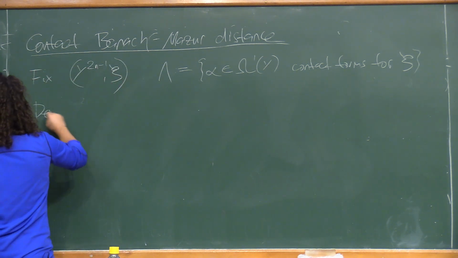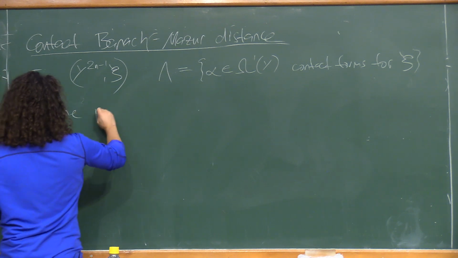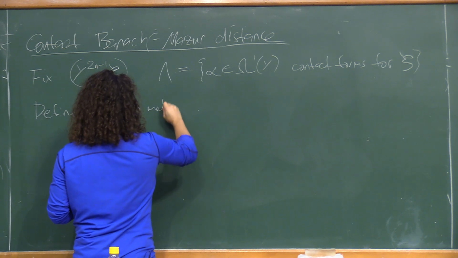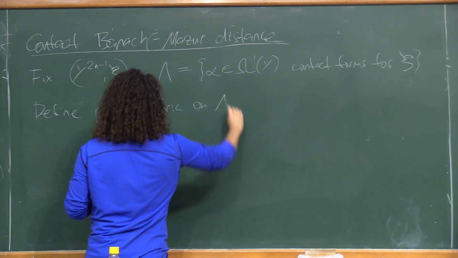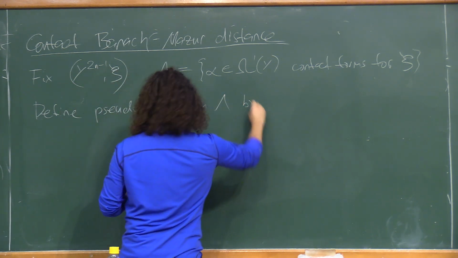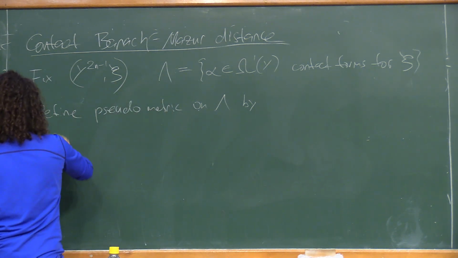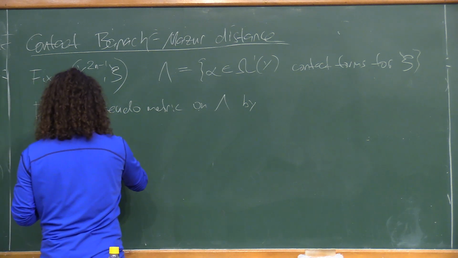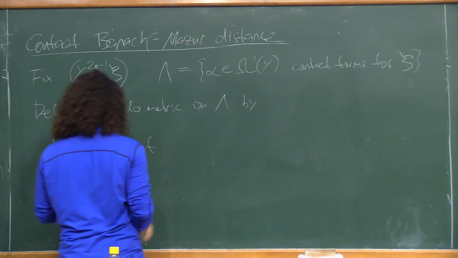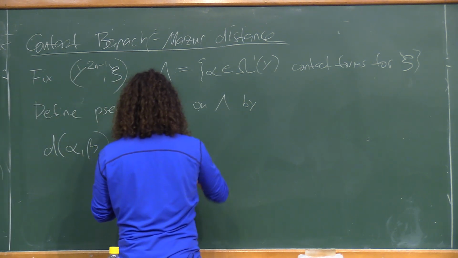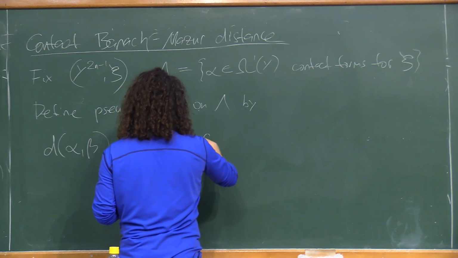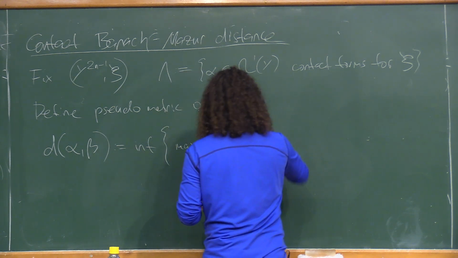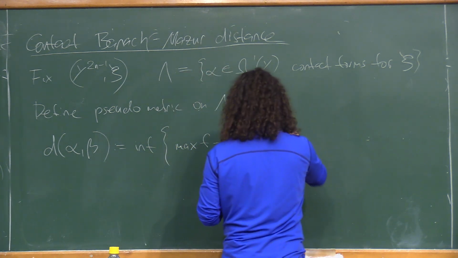So I define a pseudo metric on this lambda by setting the distance of two contact forms alpha and beta to be equal to the infimum of the following quantity: the maximum of f minus the minimum of f, where the following is true.